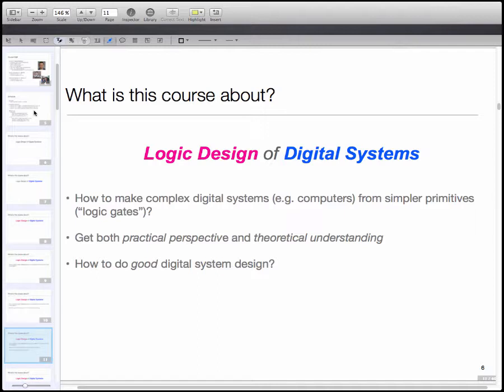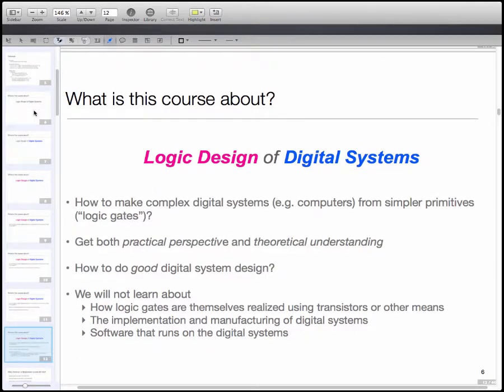Good design is important because when you engineer something, the system still will live on. Someone else has to maintain it. Someone perhaps has to recreate it. Maybe you have to design the second version of it. So all of these things are facilitated if you design well, if you design in a fashion which is easy to understand. And this is not true just for digital systems, but pretty much of engineering.